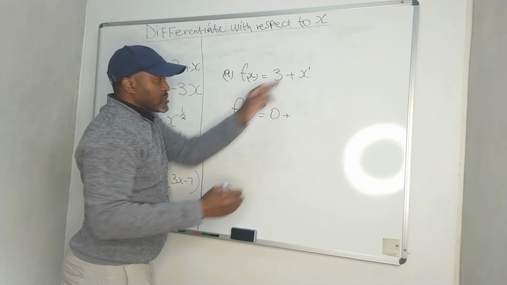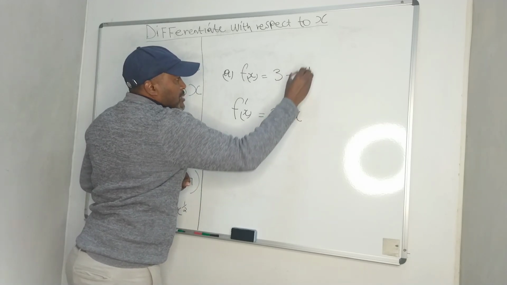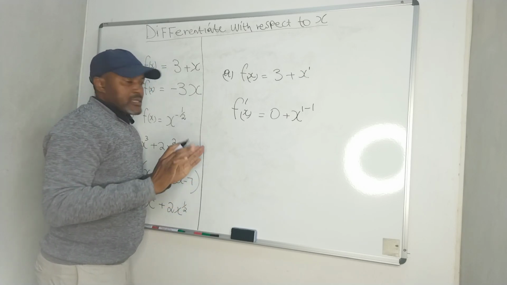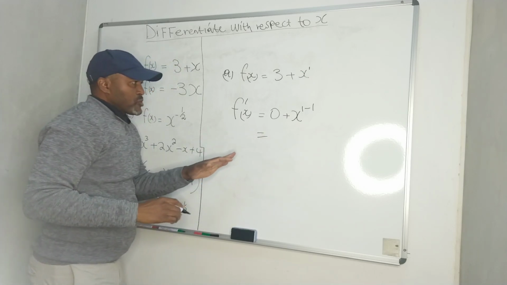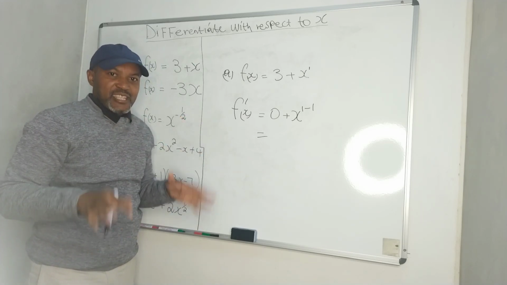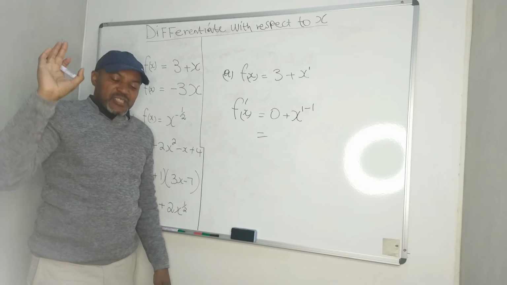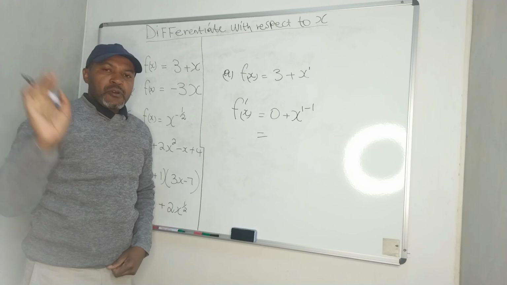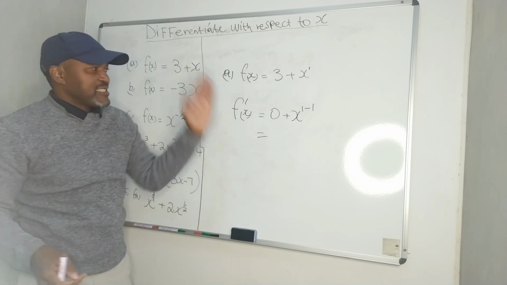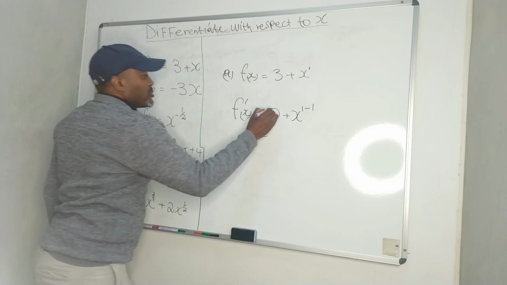The coefficient of x here is 1, so we are going to remain with 1 times x, which is x raised to 1 minus 1. I hope we are clear here, because we are going to deal more with exponents, guys. The laws of exponents are coming back. Remember, you started dealing with exponents from grade 8, 9, 10, 11, now we are in grade 12. Don't drop anything. You need to use them here.